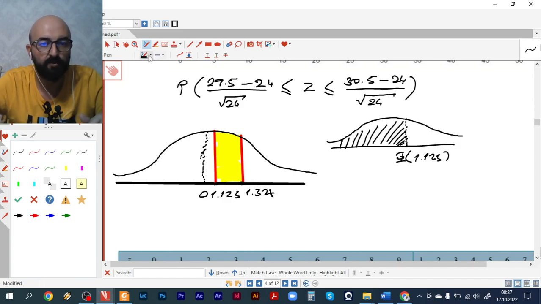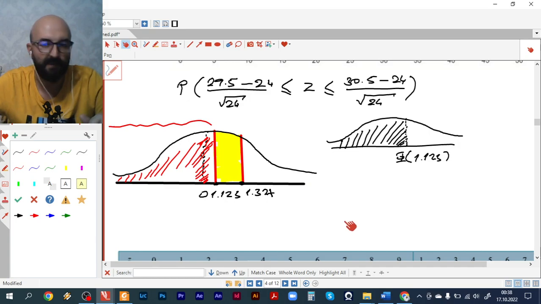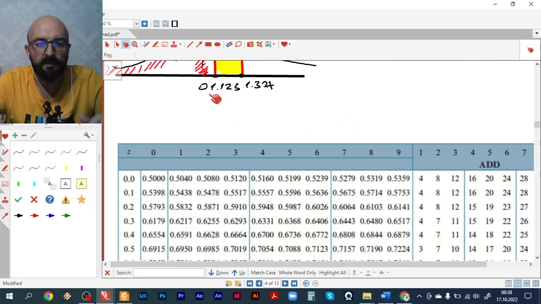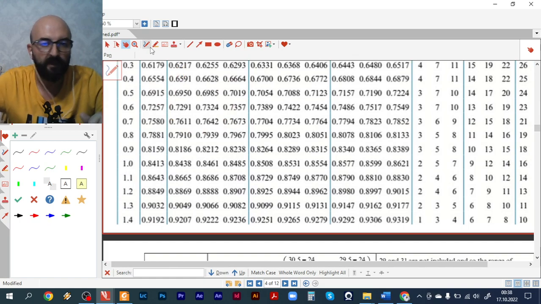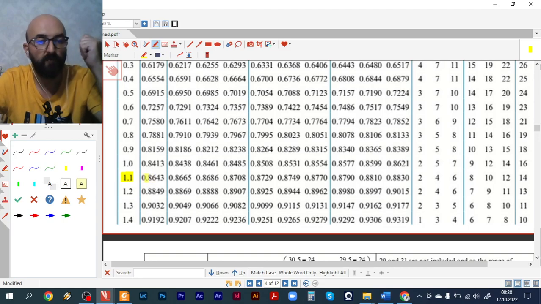We look at the Z table for 1.12, and then we also look at the 3 column.